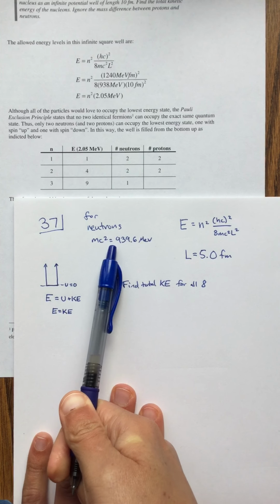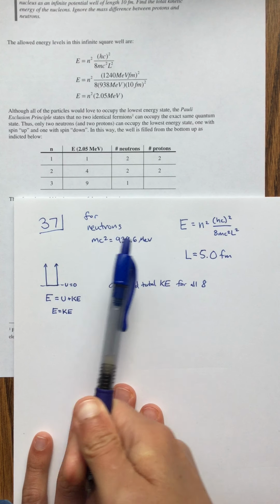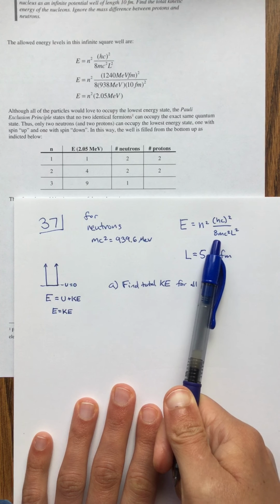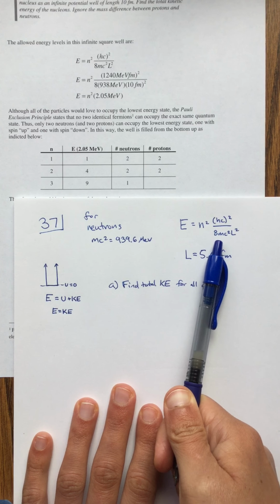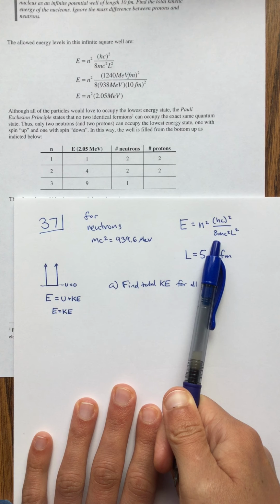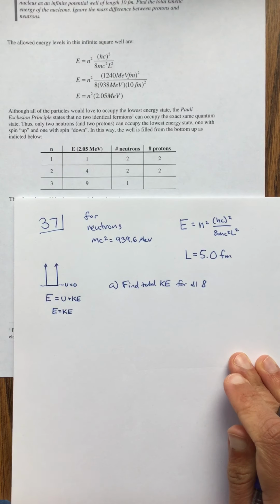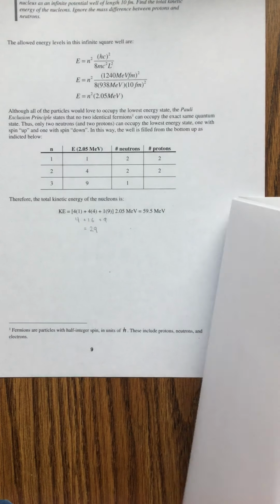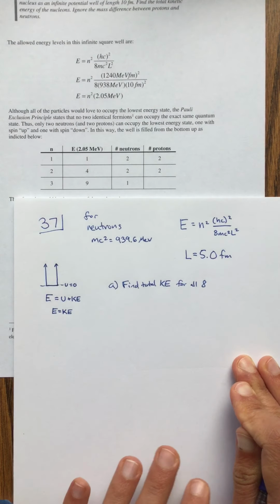We have mc squared for the neutrons here, and I'm modeling it as an infinite potential well, so this is the energy of 1 neutron. So we're going to find the energy of all 8 neutrons and then add them all together. However, take a look at this, page 9 in your textbook.